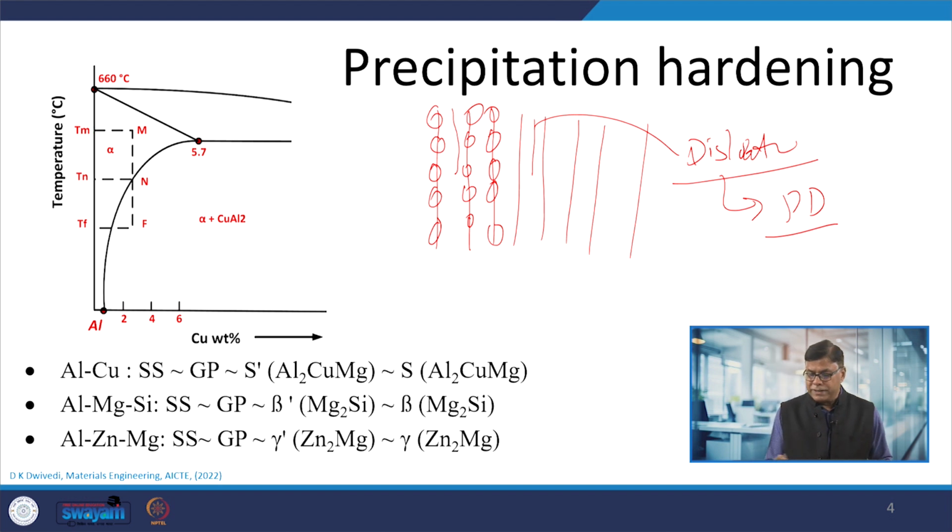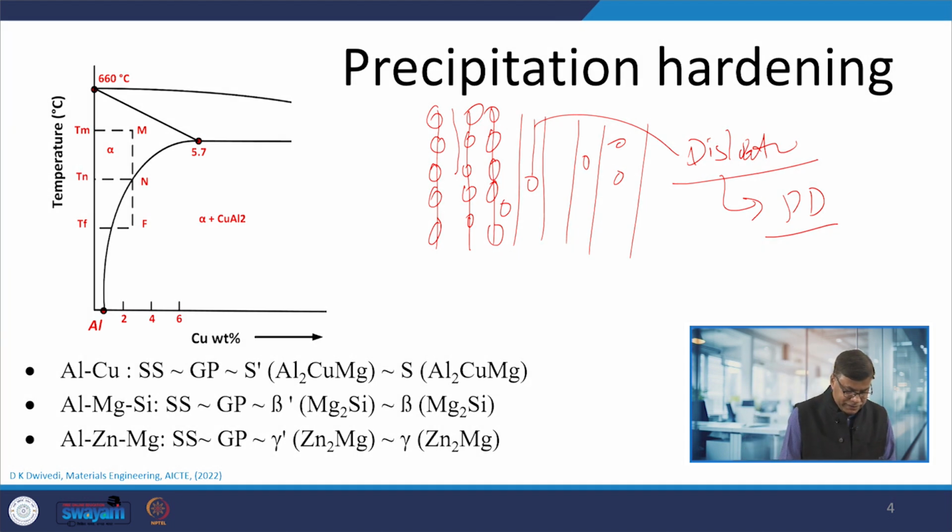So, if the dislocation movement is resisted, then the stress required to cause plastic deformation increases, and that is what is achieved through the development of fine precipitates. When these fine precipitates come across the moving dislocations, the movement of dislocations is resisted, and that in turn increases the yield strength.